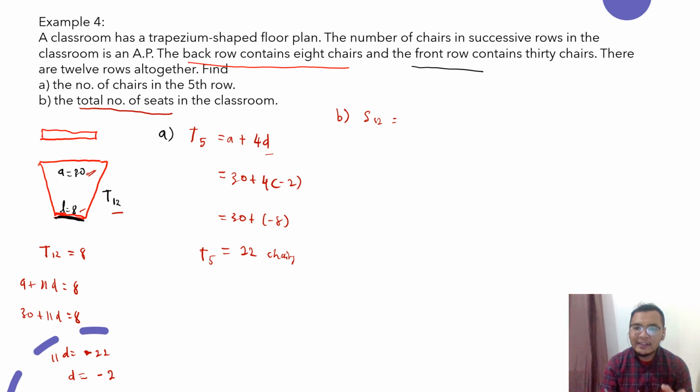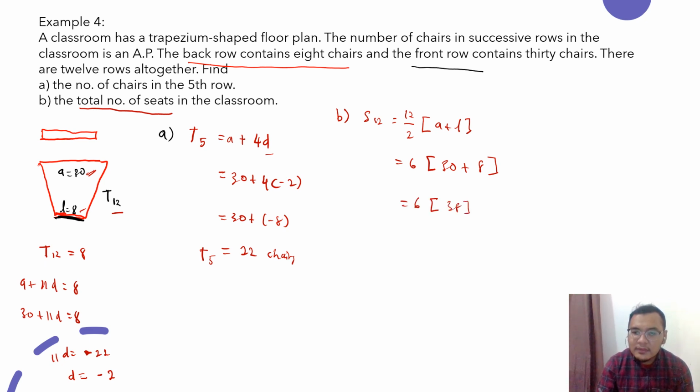The second one, which is n over 2 bracket A plus L. So 12 over 2 is 6, A is 30, and L, the last term, is 8. 30 plus 8 is 38, and 6 times 38 is 228.